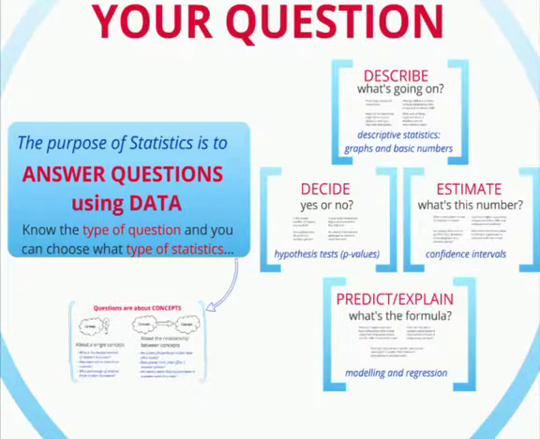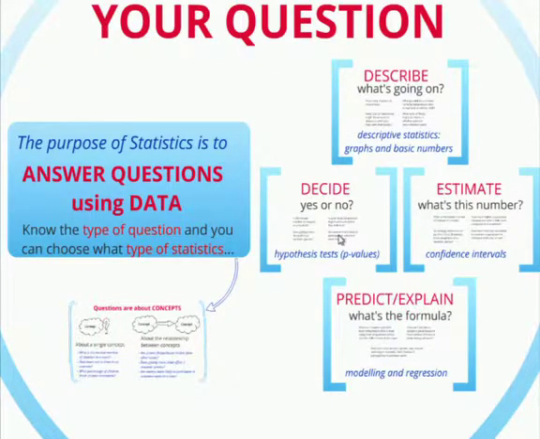And the final thing to say is that in order to decide your formula will have numbers in it that tell you how to do the calculation. You're going to have to figure out what those numbers are, so you're going to have to do some estimation. You're going to have to decide whether one thing is related to something at all and whether it should be in the formula at all. That's a yes or no question. You're going to have to do some hypothesis tests.